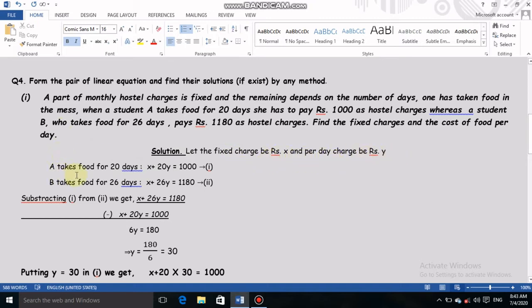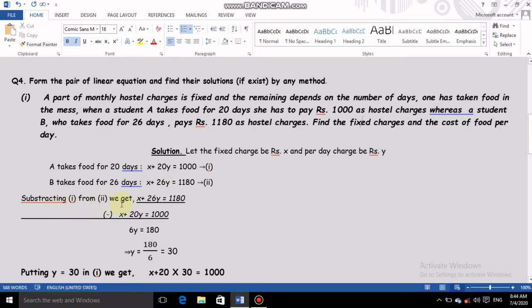Therefore, A takes food for 20 days. That means fixed charge x plus for 20 days 20 into y is equal to 1000. Equation 1. B takes food for 26 days. That means the fixed charge is x and for 26 days charge 26 into y is equal to 1180. Equation 2.